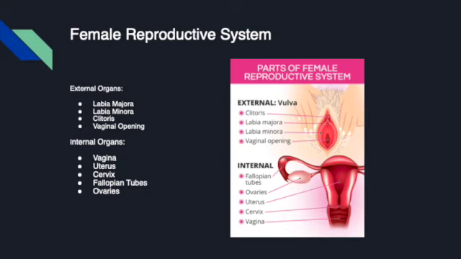They also are responsible for producing estrogen and progesterone, which are hormones essential for pregnancy and other reproductive processes such as menstruation. The female reproductive system is regulated by a complex interplay of hormones and is responsible for a variety of physiological processes. So, now that we know a little bit more about the female reproductive system, let us move on to the first disease that we will be talking about today.